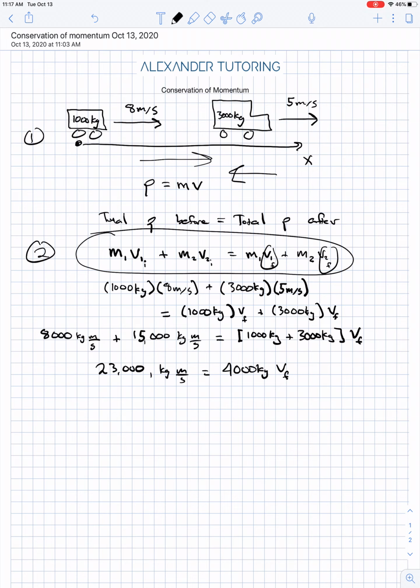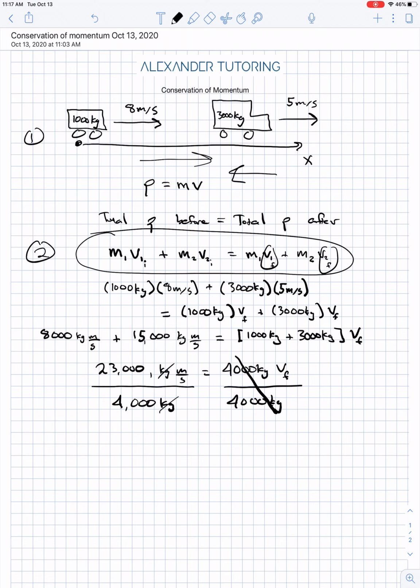So we're going to divide both sides by 4,000, just using our algebra. 4,000 kilograms. And divide this side by 4 kilograms. So this cancels. And you'll notice the units work out too. This kilograms here cancels this kilograms here. And we are left with the proper unit, which is meters per second, because we're solving for a velocity, right?